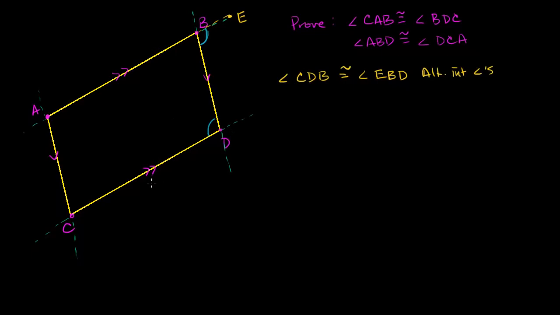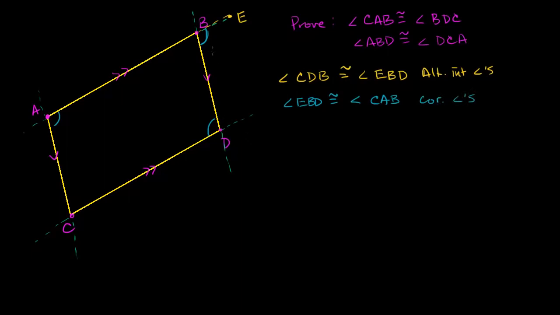Fair enough. Now, if we change our thinking a little bit, and instead we now view BD and AC as the parallel lines, and view AB as the transversal, then we see that angle EBD is going to be congruent to angle BAC, or I could say angle CAB, because they are corresponding angles.